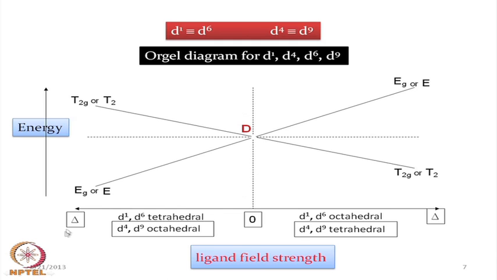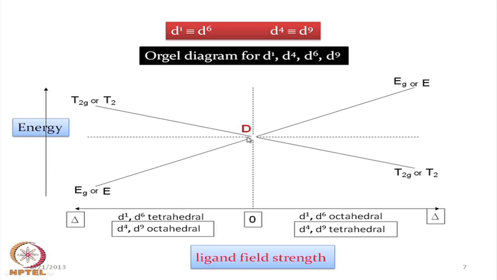So, D will be split for the D4 and D9 system in the octahedral field as Eg as the ground state and T2G as the excited state, or E as the ground state for D1 and D6 tetrahedral, and T2 as the excited state, where the G subscript is missing for tetrahedral symmetry.